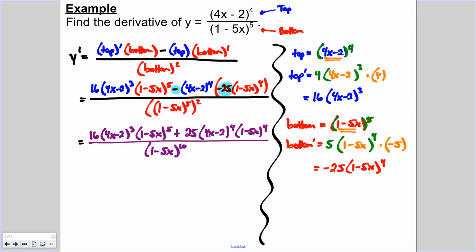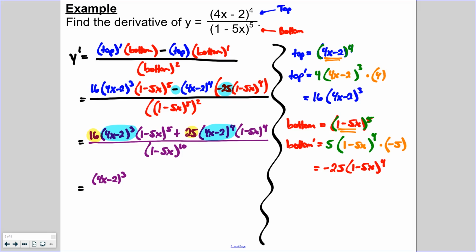All right, oh my goodness, how are we going to simplify this? Well, the same way we did with the product rule. We're going to first check the coefficients. Do 16 and 25 have anything in common? And the answer is nope. All right, so what about 4x minus 2 cubed and 4x minus 2 to the 4th? And yeah, they do. They both have a 4x minus 2 cubed in them.